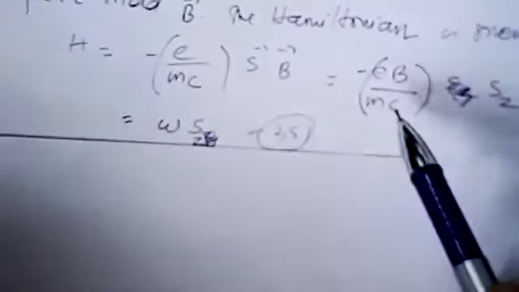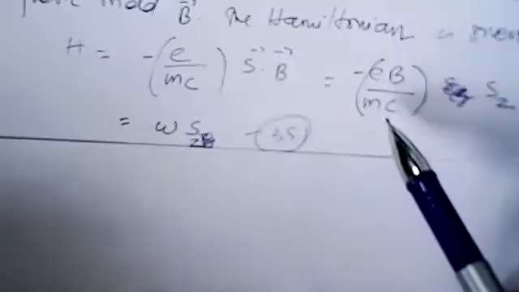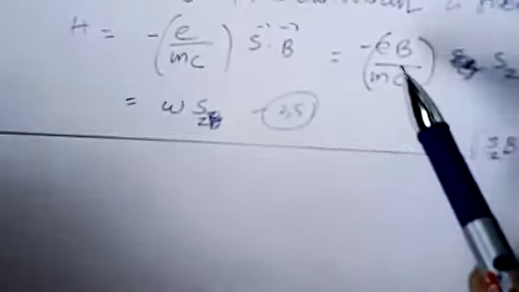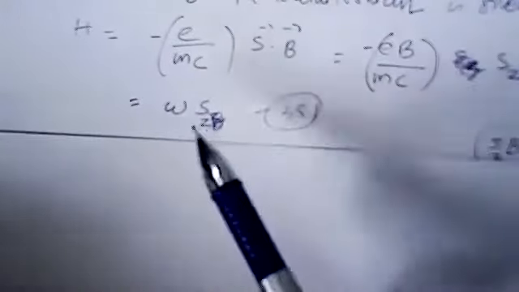So you can write H equal to this term, minus eB by mc, as angular frequency omega. So omega into Sz, where omega is eB by mc, or there is a minus sign here, negative sign.